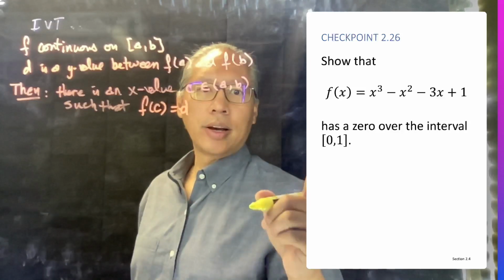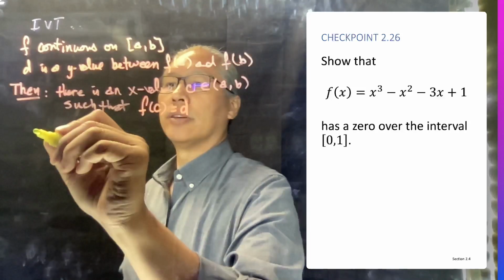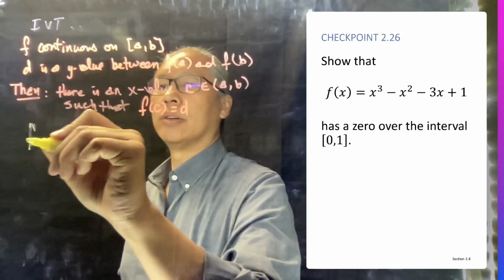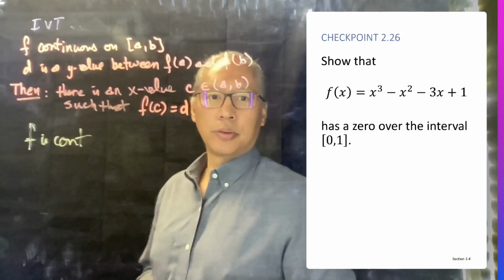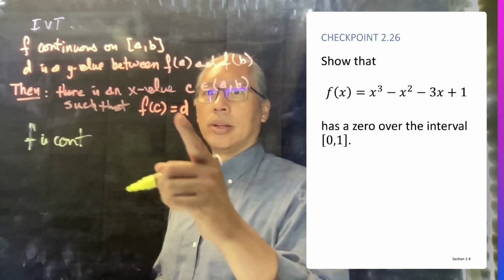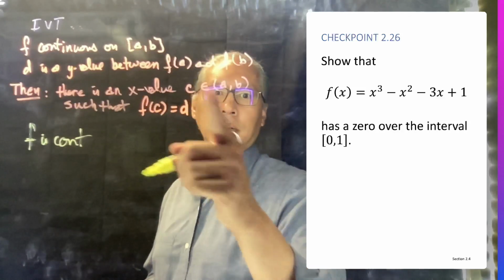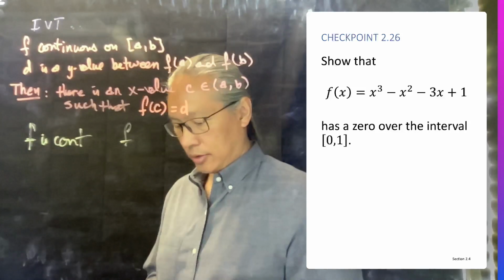We have f of x is equal to this polynomial, which we know is continuous. So f is continuous. We can say that from the beginning because it's a polynomial. And then what we want to do is find values. Let's see what happens when we put 0 in for the function.